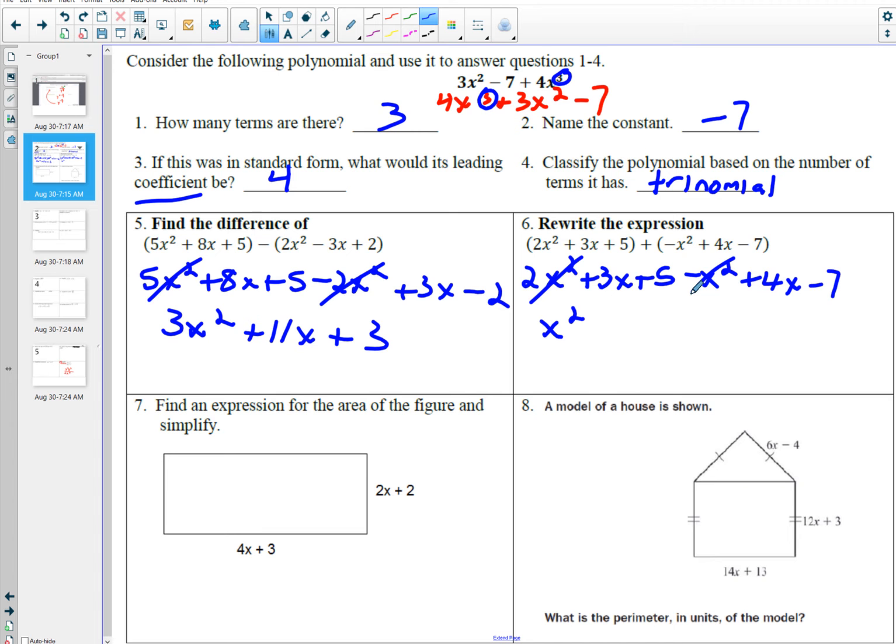Make sure we don't put 7x squared. Xavier, what is positive 5 minus 7? Negative 2. Yes, no question.